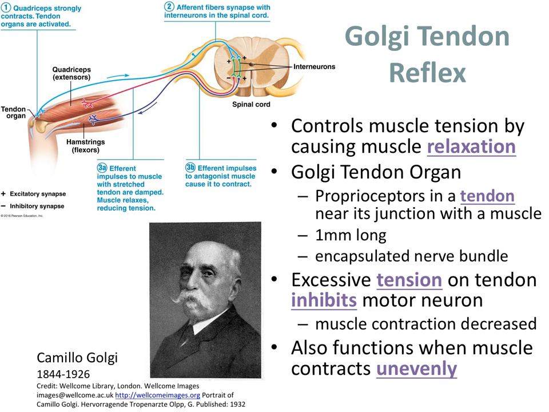The Golgi tendon organ is a group of encapsulated proprioceptors that are within a tendon near its junction with a muscle. This encapsulated nerve bundle is about 1 millimeter long, so it's very small, and it detects tension. When there's excessive tension on the tendon, then the Golgi tendon organ detects that excessive tension and sends an excitatory signal up to the neurons it synapses with.